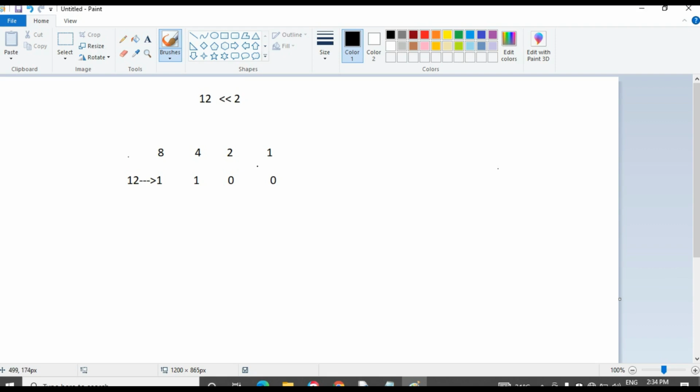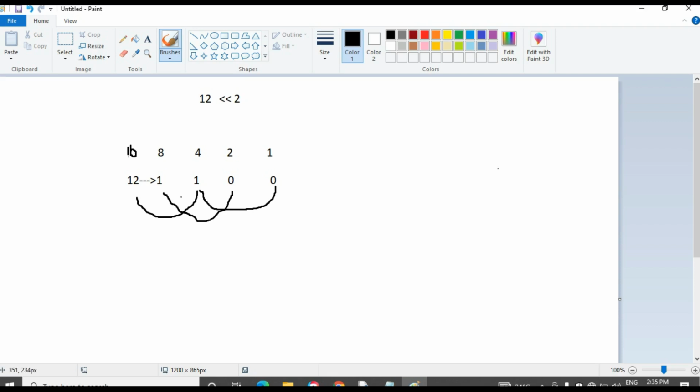In this place, the first position, the 0 is present. When we want to shift the elements by two positions, that means this is the first one and this is the second one. So the 0 will be shifted to the fourth position, this next one will be shifted to the 8th position, and this 1 will be shifted into the next position.